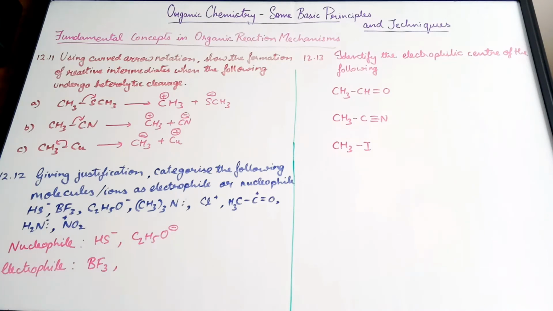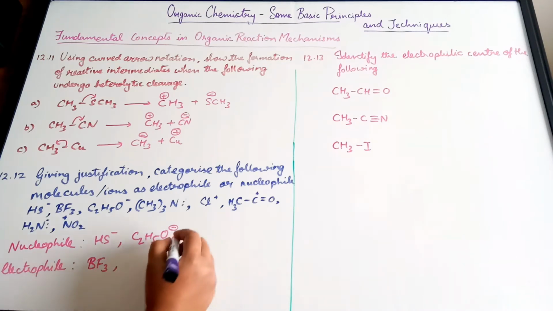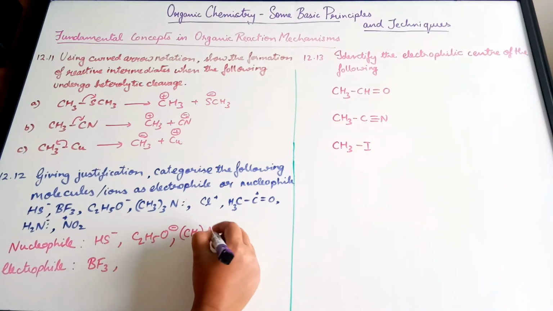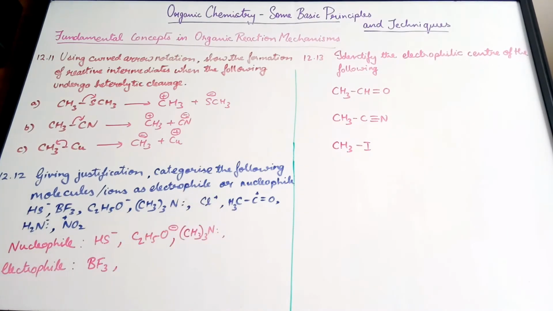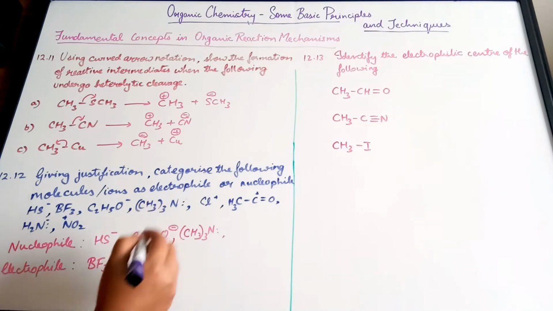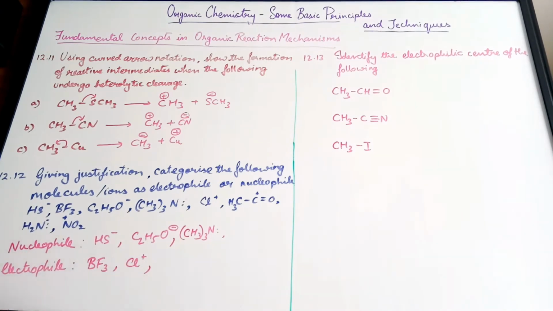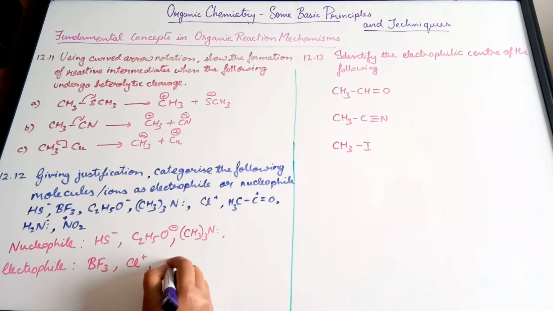Then we have (CH3)3N, which is a nucleophile again because of the lone pair of electrons on the nitrogen. Then Cl plus is the electrophile because it is positively charged. CH3CO plus is again going to be an electrophile because of a positive charge.